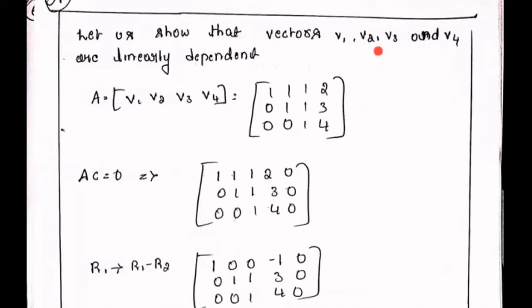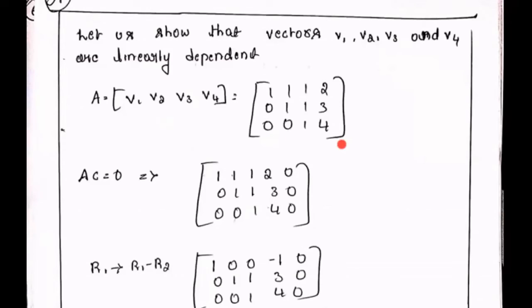The next sub-question is you have to show that v1, v2, v3, v4 are dependent. This set of vectors is dependent. So I have considered all four vectors v1, v2, v3, v4 and written them in columns 1, 2, 3, 4.